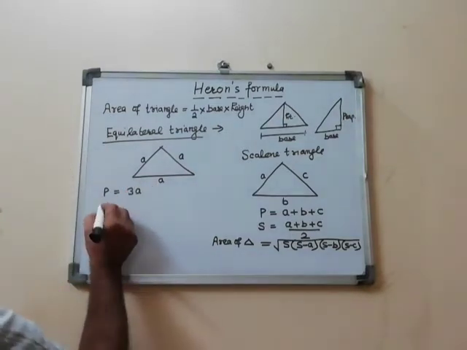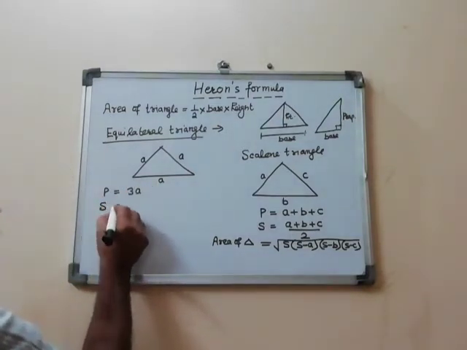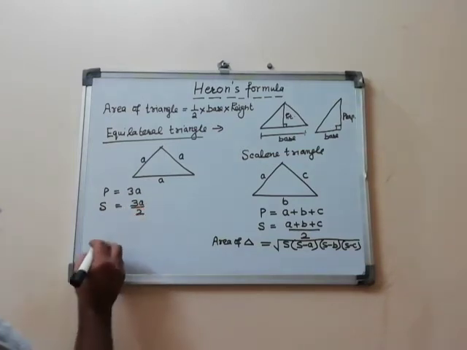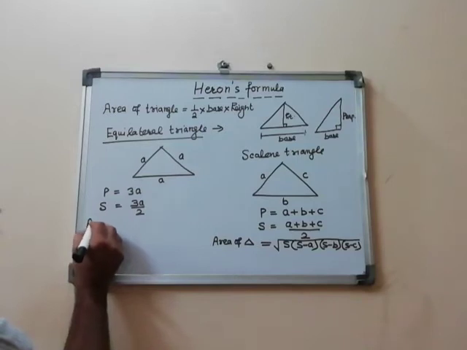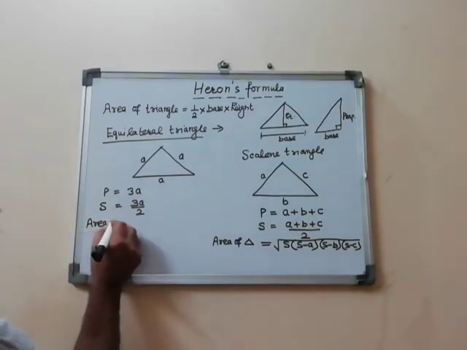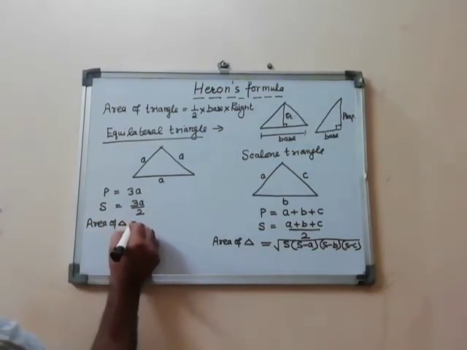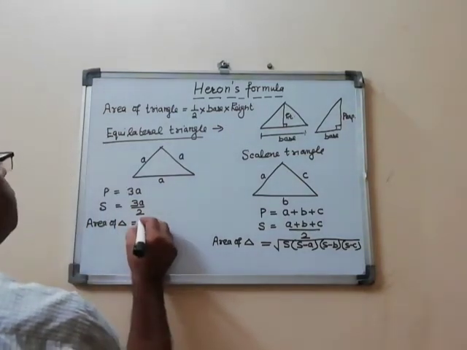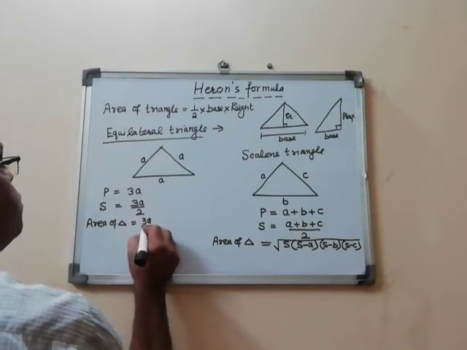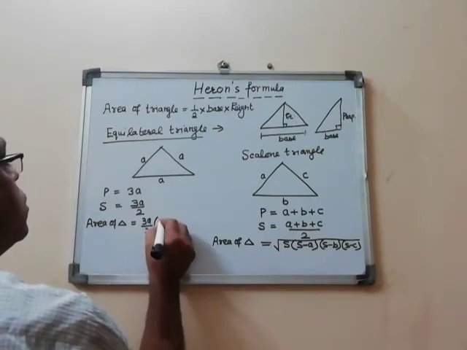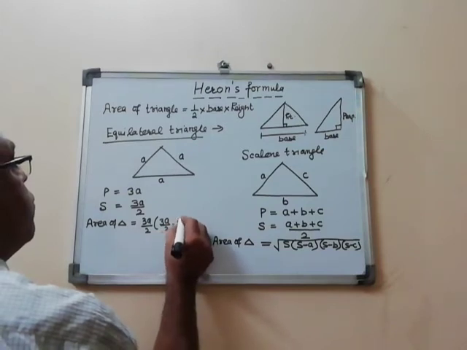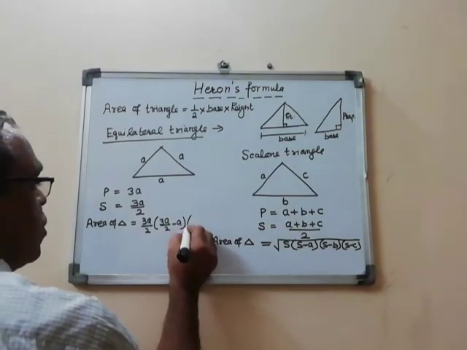Same you can use here also. Semi-perimeter is 3a by 2. And if you apply the area of the triangle by Heron's formula, you can see that 3a by 2, 3a by 2 minus a, 3 times.